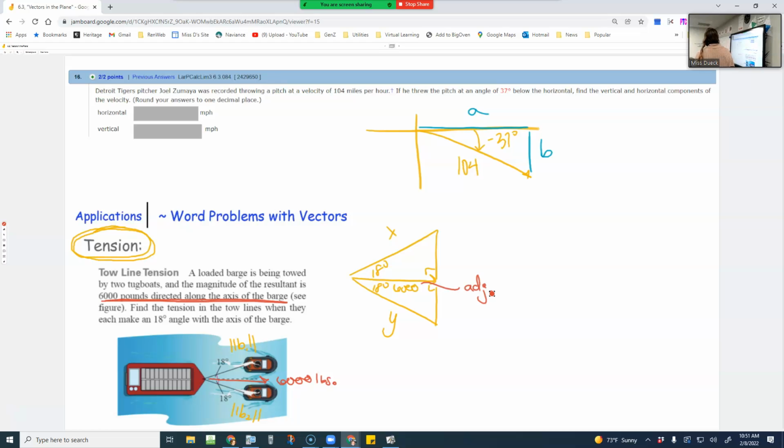Whether I'm looking for x or whether I'm looking for y, will it work if I just say cosine of 18 degrees is equal to adjacent over, for instance, hypotenuse? What do you guys think? Could I just say it's a basic right triangle, I have the adjacent, I have the angle, let me solve for the hypotenuse?